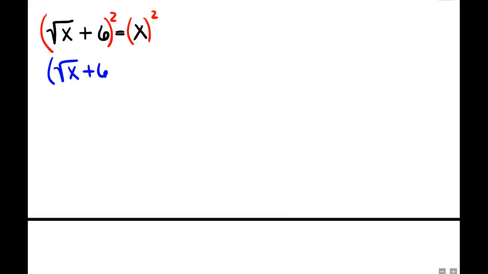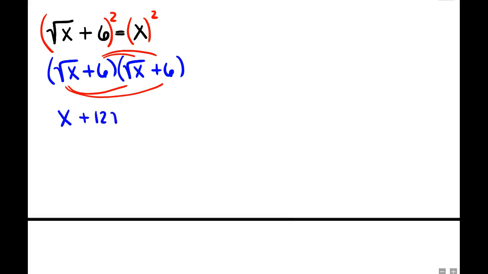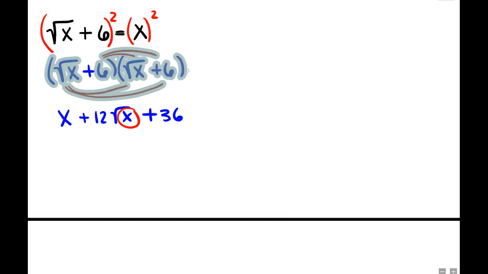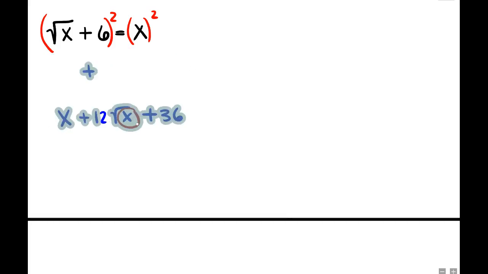Mathematically, you're squaring something that has two terms, so you actually have to think about how that distributes. You would have to sit there and go, this has got to distribute to both of those. All you've succeeded in doing is making a really hideous thing where you still have x trapped under a square root symbol and you haven't done yourself any good. So you absolutely do not want to square both sides this early.